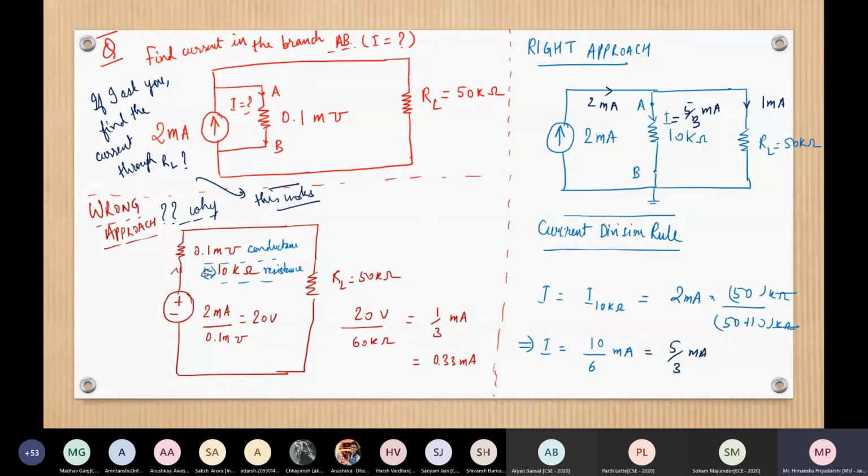This approach works, but doesn't work for here. Can somebody provide me a commentary on this? What is wrong in this? I am not talking about problem solving right now. Just tell me what is wrong with solving this by this. I will give you 1 minute to think of it and download the attendance in the meanwhile.